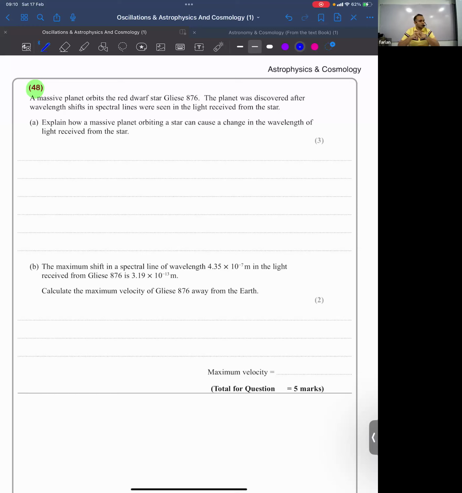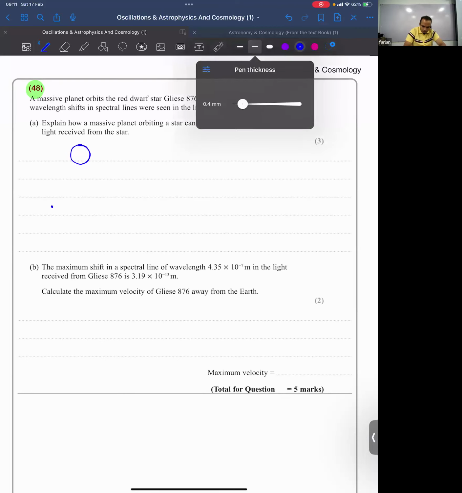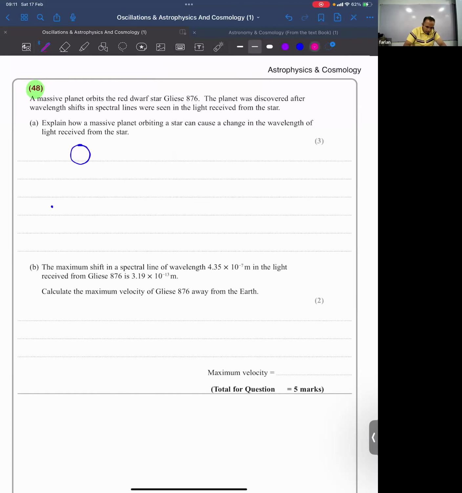Okay, so guys, this is directly connected to the previous question that we did. If this is the planet, and here is the star, since the star is rotating, some points of the star will be moving away from the planet and some points will be moving towards the planet.